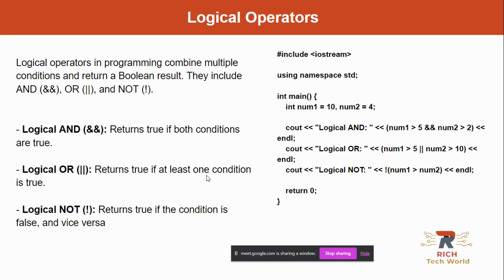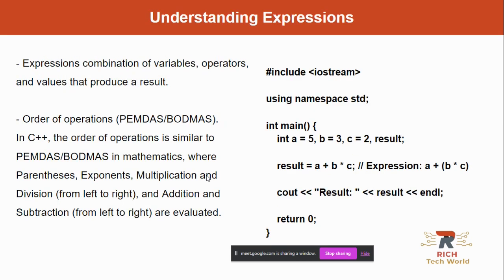So you use the logical or operator for this. And we also have the logical not. It returns true if the condition is false, or vice versa. Okay, so that is that for that as well.